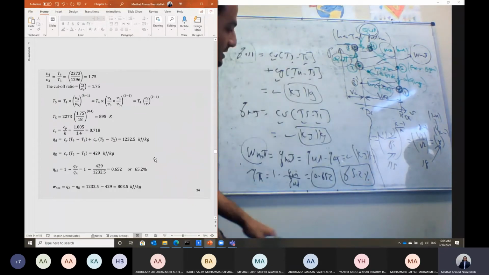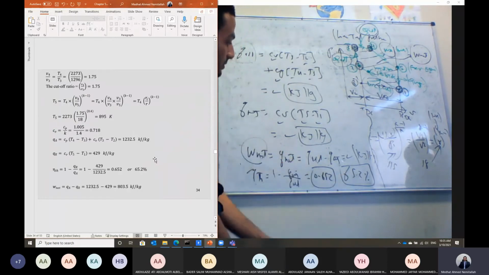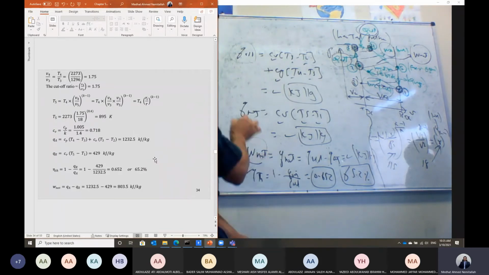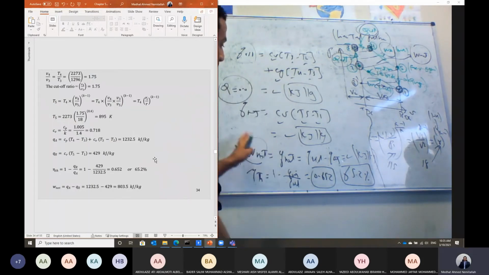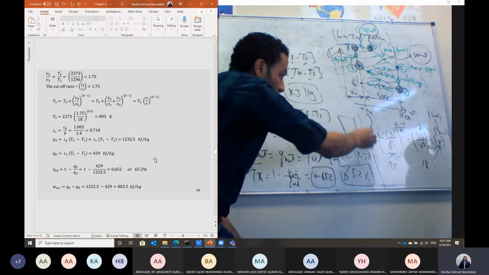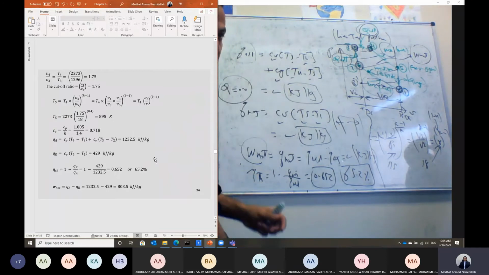As I told you, this is actually a highly extrapolated value. 65%, we cannot have an internal combustion engine with 65%. And it is mainly because we have assumed here that we don't have any kind of heat losses. Heat losses is equal to 0. But here, guys, in any internal combustion engine, around the engine, we should have a cooling water system that absorbs about 1/3 of the power.